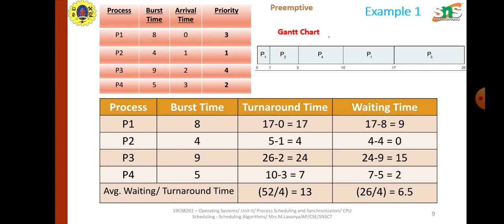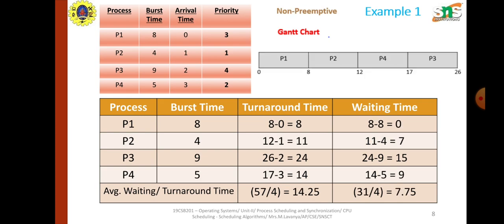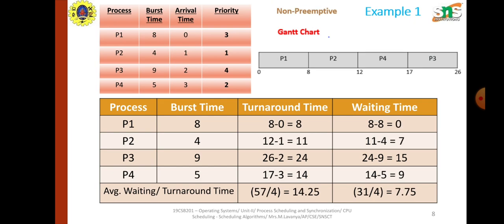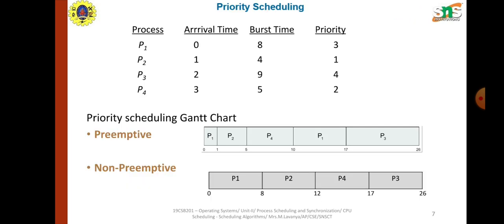In the non-preemptive methodology, the turnaround time is 14.25 and the waiting time is 7.75. Under preemptive priority, the turnaround time and waiting time are 13 and 6.5. It is decreasing, so preemptive priority has the lowest waiting time compared to the non-preemptive methodology.